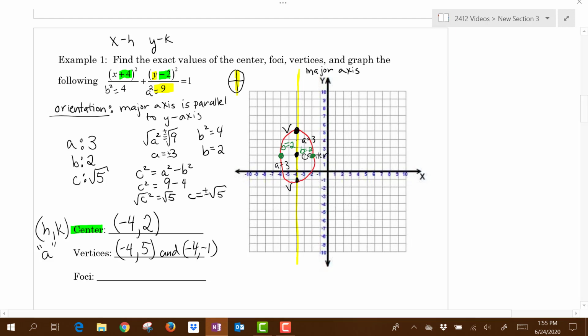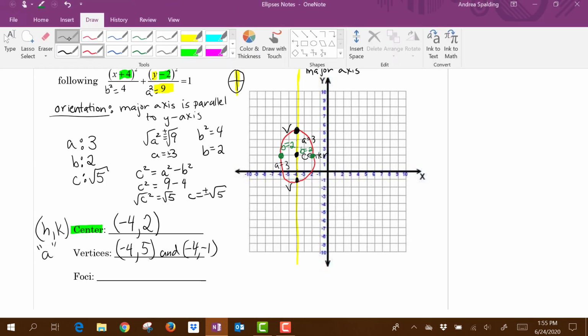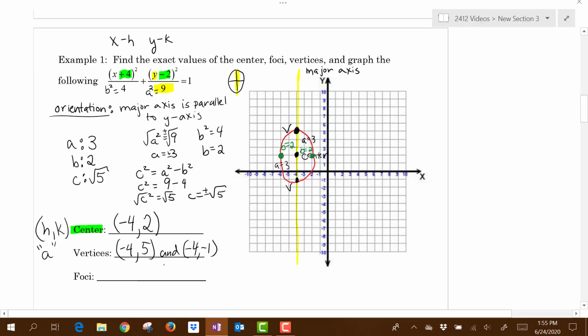All right, what about the foci? Okay, the foci are going to be the distance, represented by C, the distance from the center to each foci. So if I go up a distance of C, well, C is square root of 5. Let's think about what that is approximately. It's about 2.2.